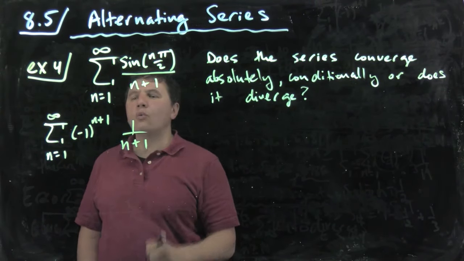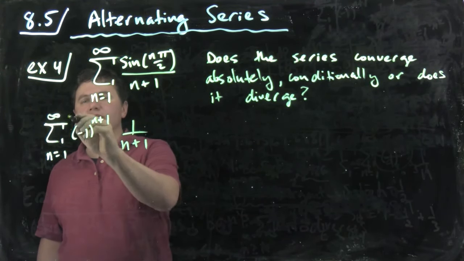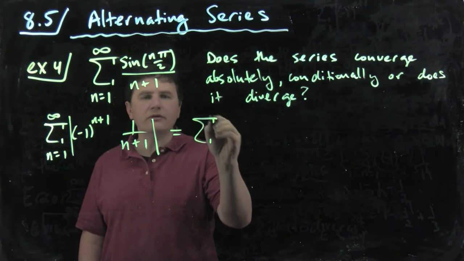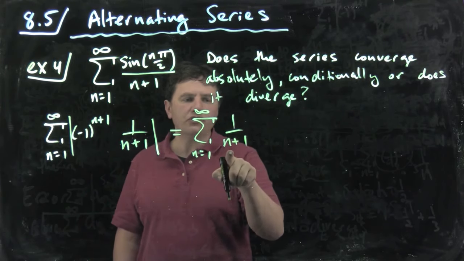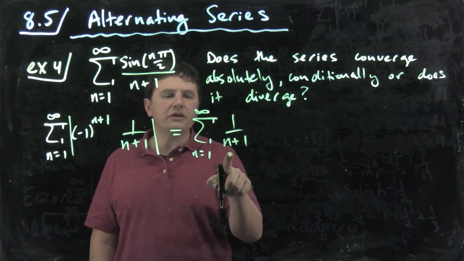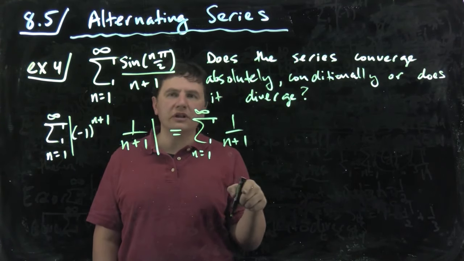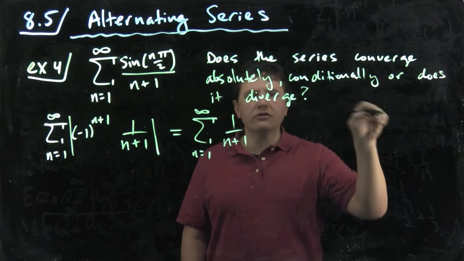Okay, so what is this thing going to do if we do the absolute value of this? If we do the absolute value, let me point out that we get a series that we know is going to diverge. Even though it's not directly a p-series, you could do the limit comparison test here, comparing it to 1 over n.